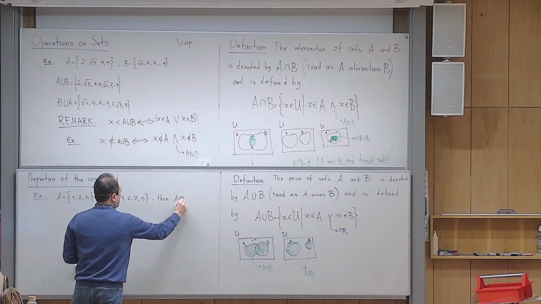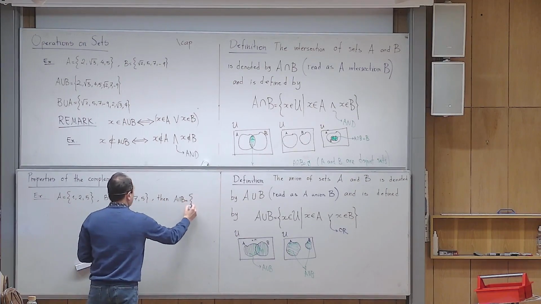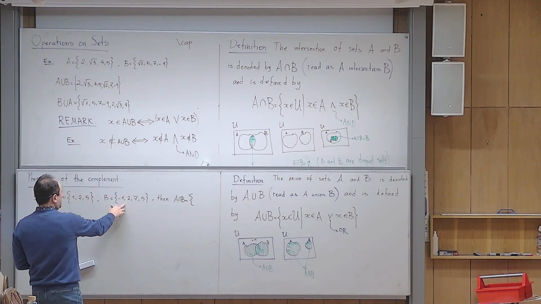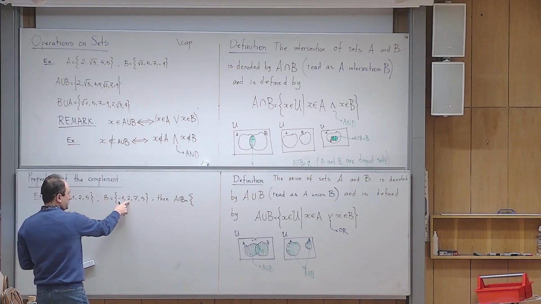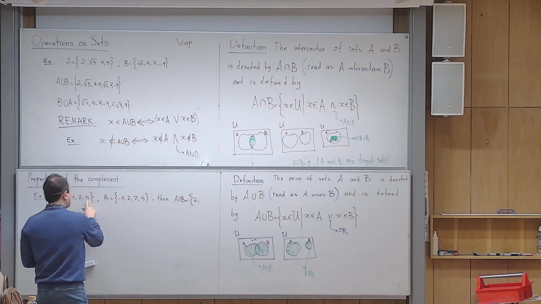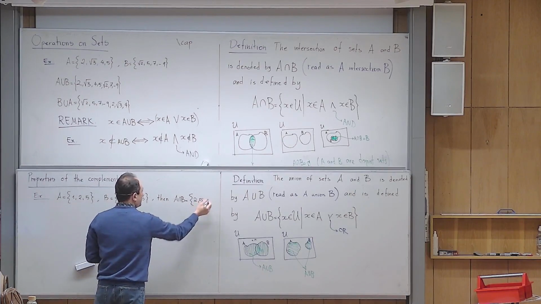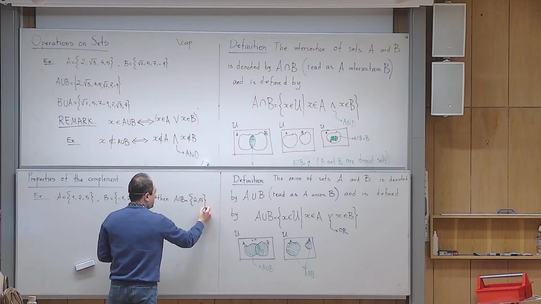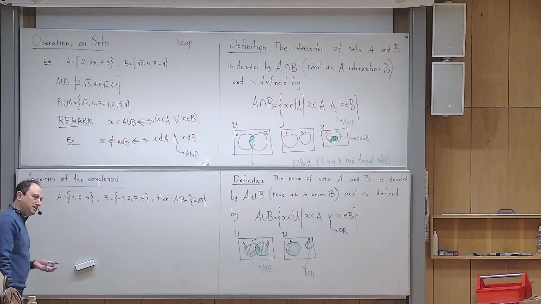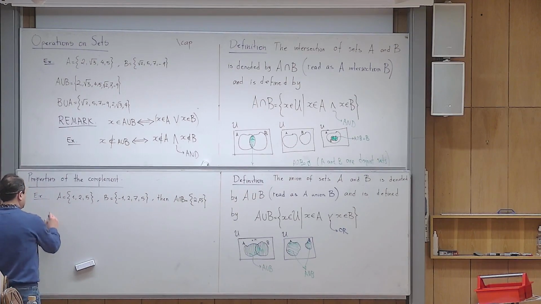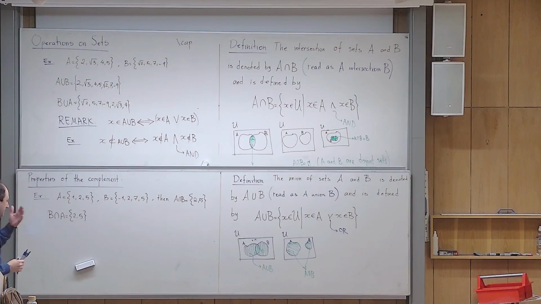A intersection B is equal to what? 1 is here but not there, I do not choose it. 2 is here and there, I will choose it. 5 is here and there, I will choose it. Of course, there is no point to look at 7. That's it. And then what about B intersection A? B intersection A is the same, yes? So intuitively it seems to be clear that intersection is also commutative.